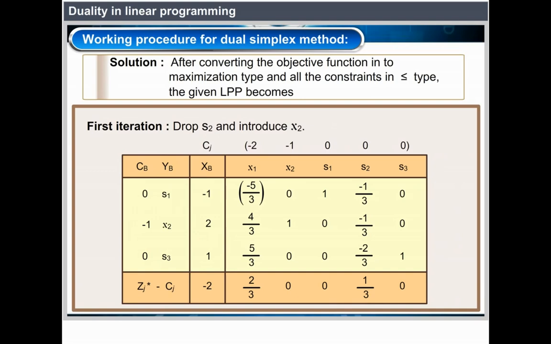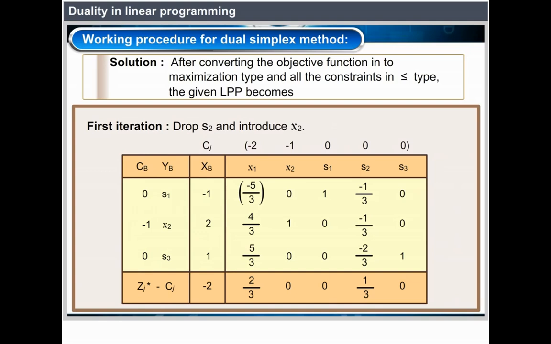And then second row, minus 1 for CB, x2 for YB, 2 for XB, 4 by 3 for x1, 1 for x2, 0 for s1, minus 1 by 3 for s2, 0 for s3. Third row, 0 for CB, s3 for YB, 1 for XB, 5 by 3 for x1, 0 for x2, 0 for s1, minus 2 by 3 for s2, 1 for s3.